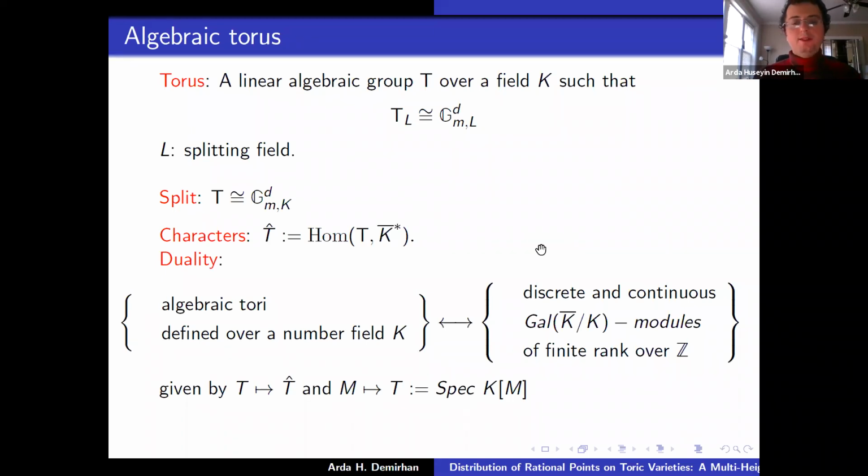One nice thing about this is that the equivalence is functorial under field extensions of K, which yields a contravariant equivalence between E-split tori over K and Gal(E/K)-modules.